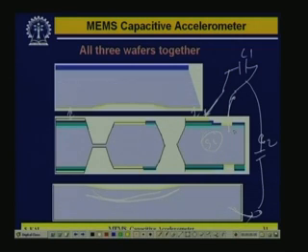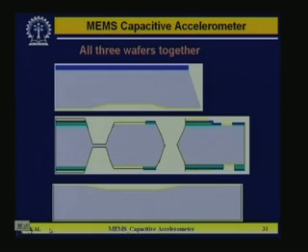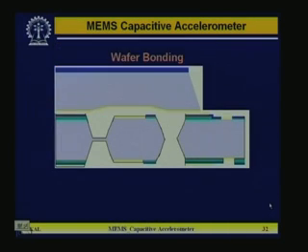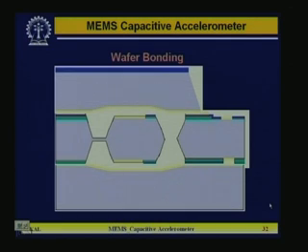In this way, after the three-wafer bonding, you can get the complete structure. The wafer bonding has taken place, top and bottom. Now they are joined together, and you got the three-piece structure. In this way, one by one you fabricate separately.